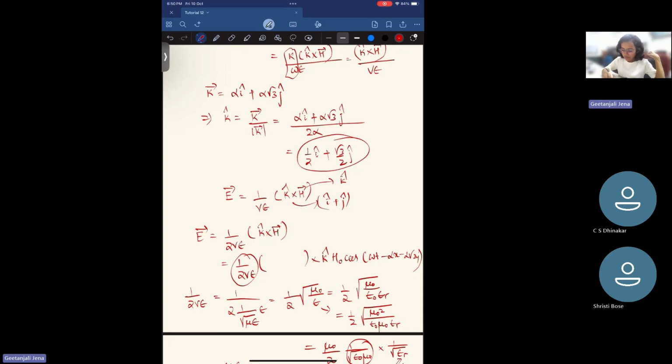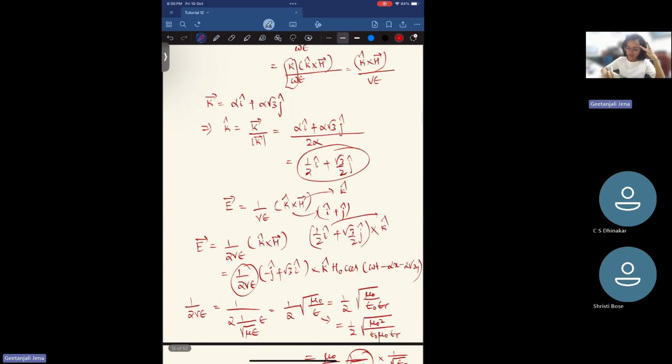So this is half, sorry, half IK plus root 3 by 2 JK. K cross H is in the KK direction. So IK will give minus J. Minus JK, half we have already taken it out, plus root 3, JK will give I. So root 3 I minus J.